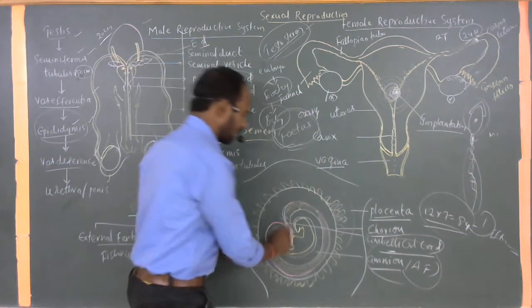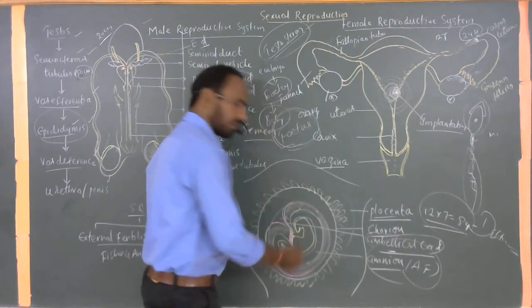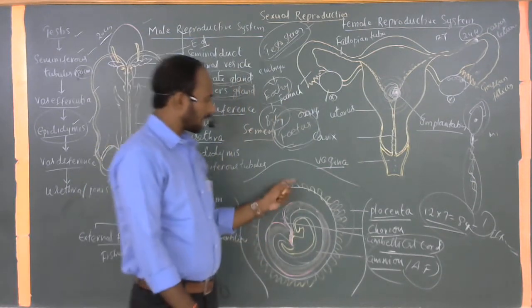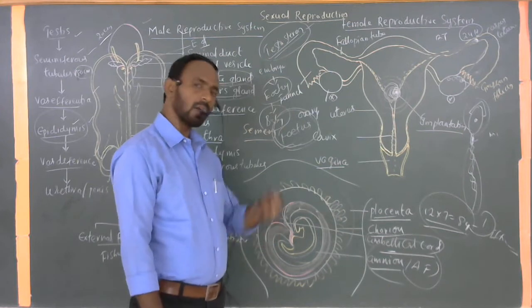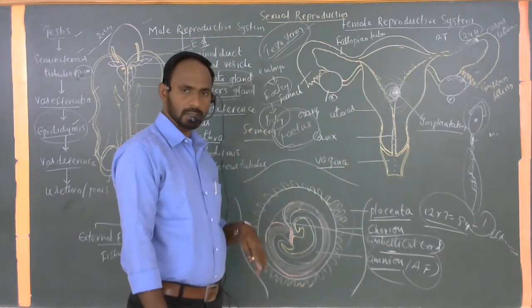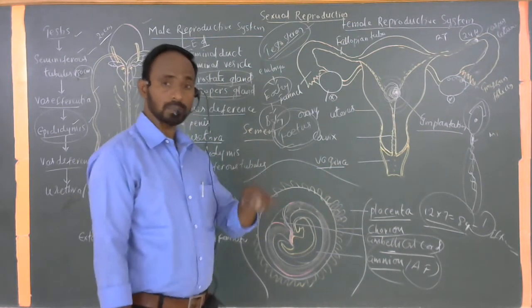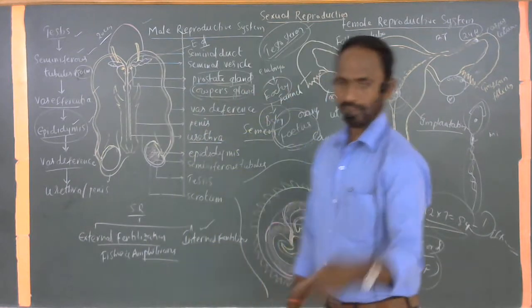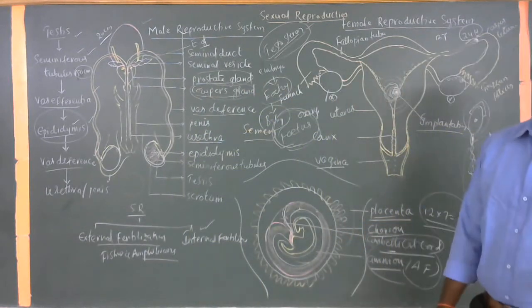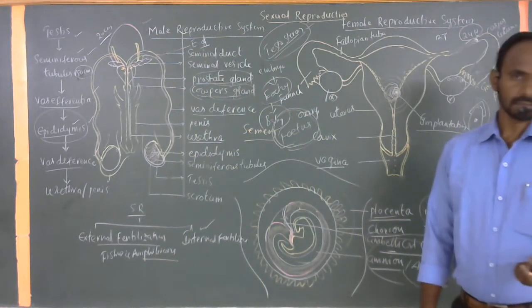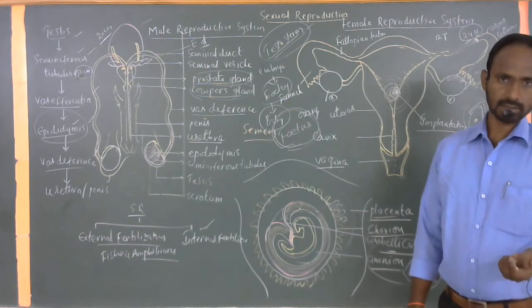So the complete developmental stage takes place within this period. The embryo forms three layers: outer ectoderm, middle mesoderm, and inner endoderm. Each layer forms its respective organs. For example, from the outer ectoderm, mostly skin and outer organs form.